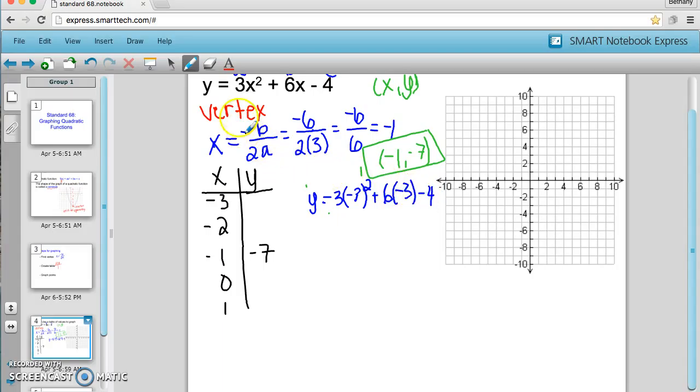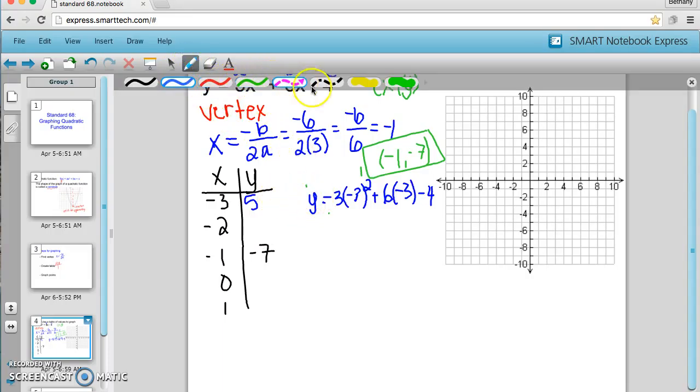I plugged -3 into my original equation, 3x squared plus 6x minus 4. Now we can do that by hand just like I did with the vertex, or we could just type this in our calculator. Whenever I did this by hand, I got a +5. So go ahead, put that in your calculator, see if you get a +5. Okay, so that was for the -3.